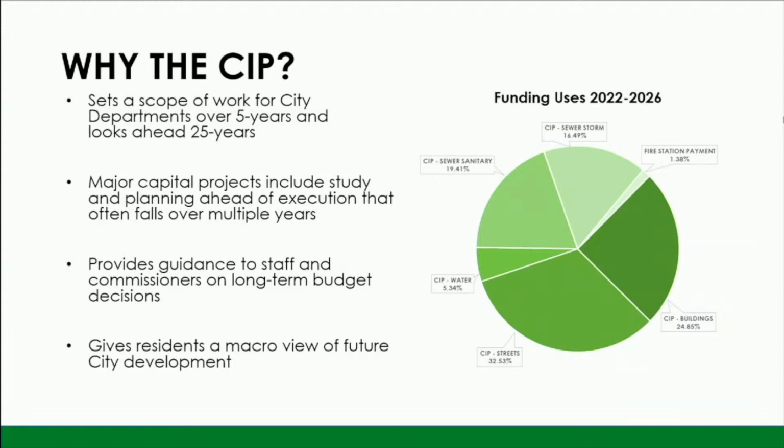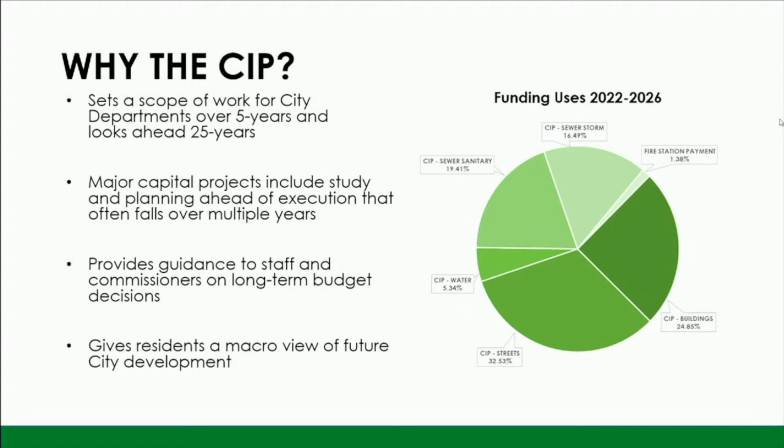So why the CIP? Well, CIPs are a standard practice for city governments to make long-term plans. The CIP provides guidance to staff and commission on long-term budget decisions and long-term project management. This graph is showing how the capital budget over the next 5 years is distributed amongst types of projects.